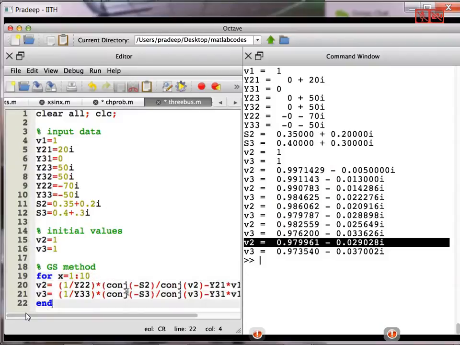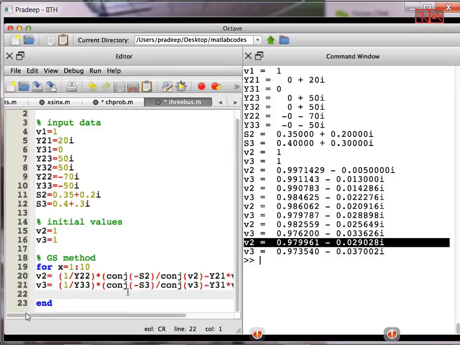And then let's display a line. I'm just displaying the value of x.